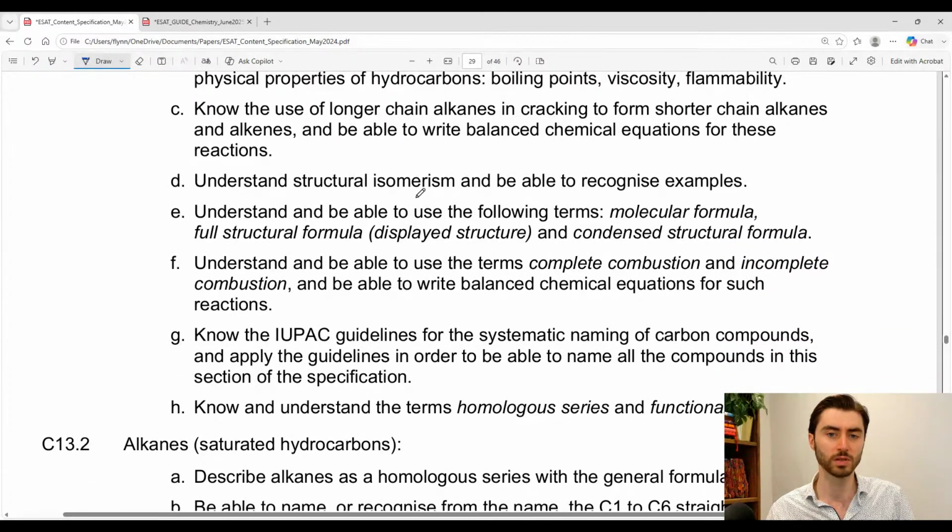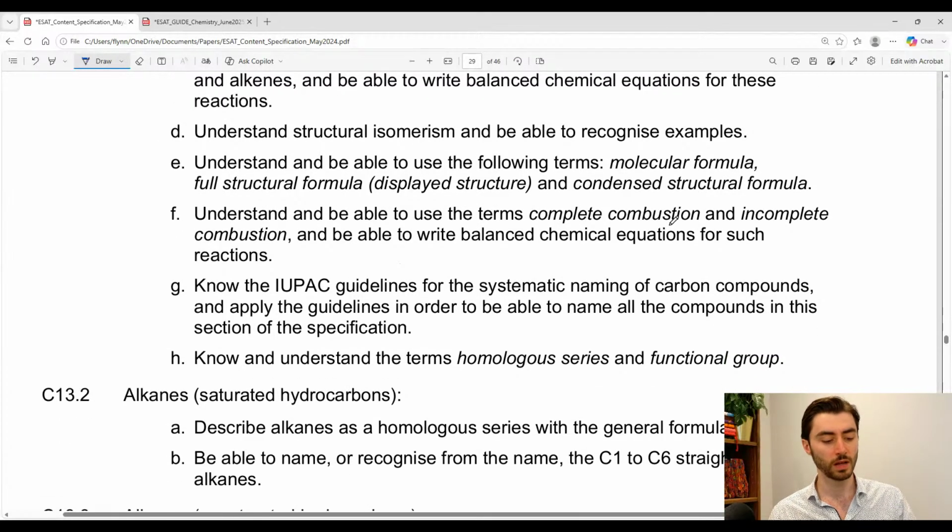Structural isomers are the same molecular formula, different arrangement of atoms in space, so different structural formula or displayed formula. You can have branch isomers and the functional group isomers. So if the oxygen is in a different place, that changes the functional group.